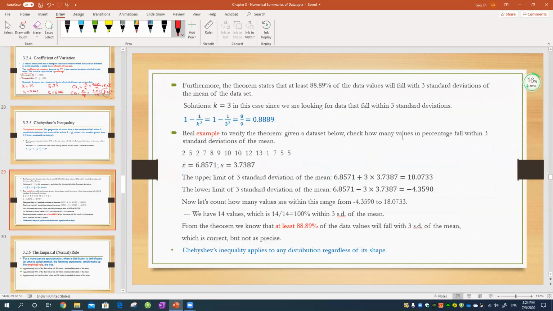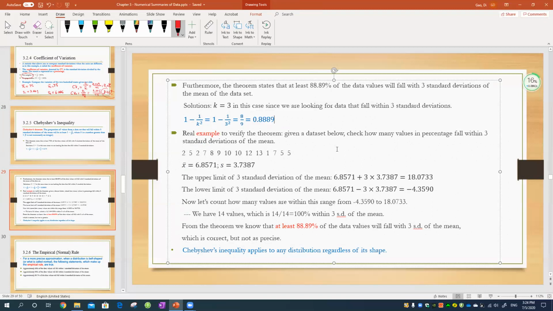Furthermore, the theorem states that at least 88.89% of the data will fall within 3 standard deviations of the mean of the data set. Why? When k equals 3, 1 minus 1 over 3 squared is 8 over 9, that's 88.89%.